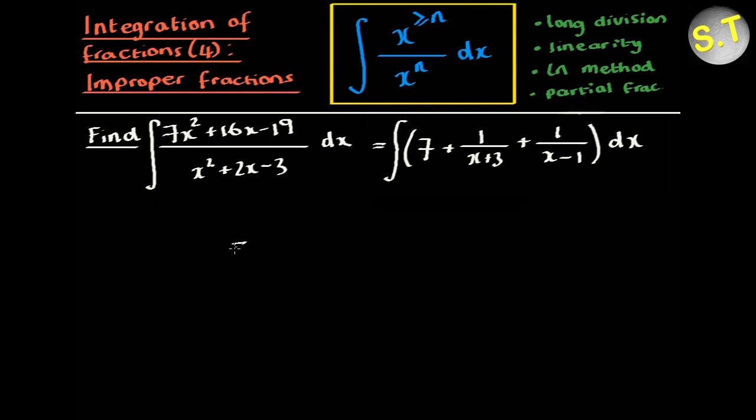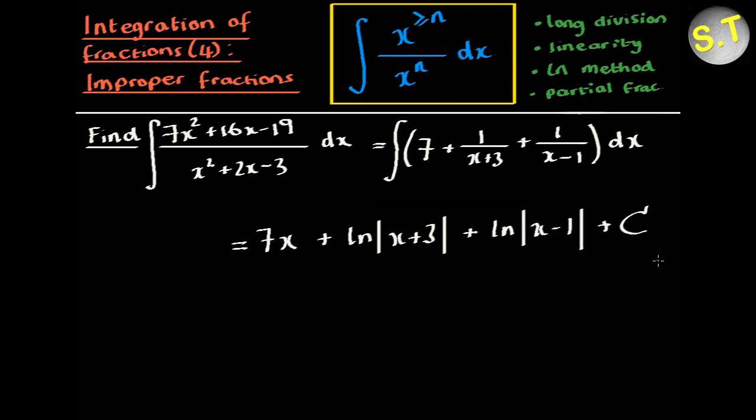The integral of 7 with respect to x is just 7x, increase the power by 1, divided by the new power. And we can again apply the natural log method here. So we have the natural log of x plus 3 plus the natural log of x minus 1, and as always in our indefinite integrals, because there's no limits, we have our plus constant of integration.